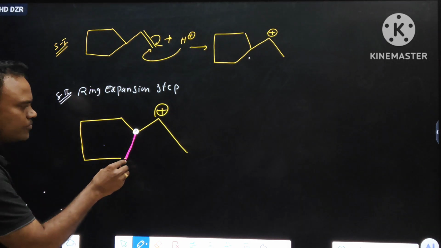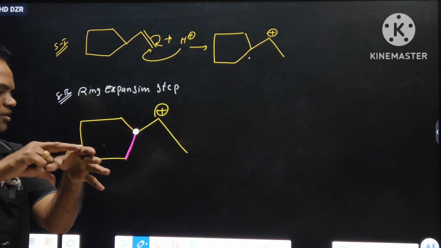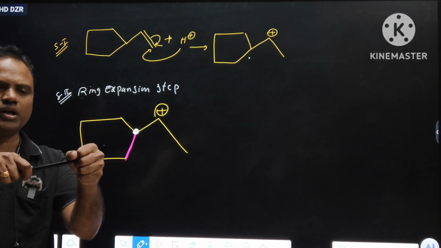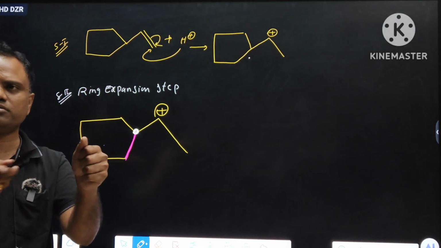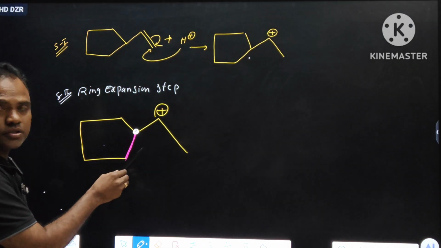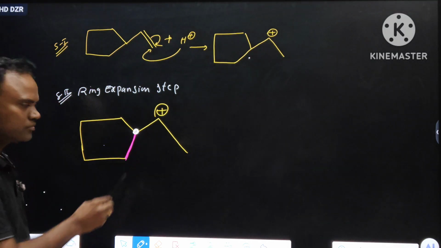Now what I am doing is removing the pink bond, detaching it. This is the white carbon with the pink bond attached. I removed it, detached it. The bond is detached and attached to the carbocation.